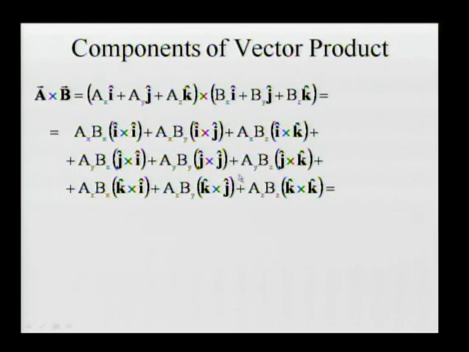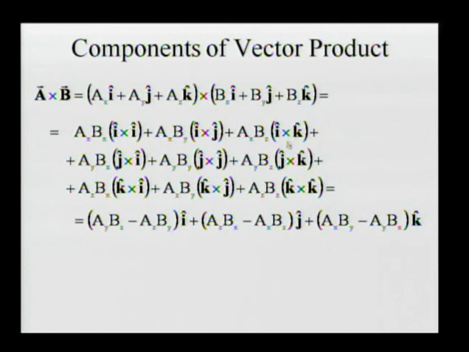And now k times i, we didn't perform this operation, but it's equal to j. And you can recognize now that this one will be minus j.